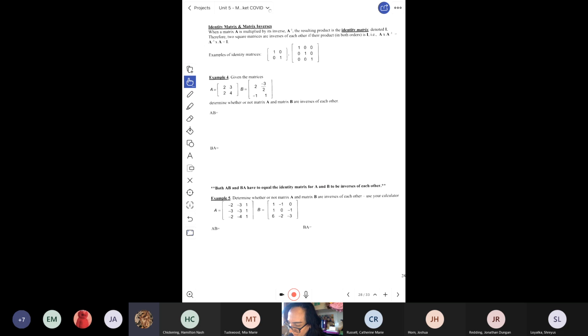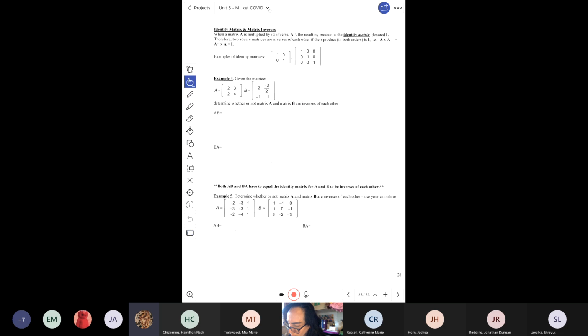Now, some special properties of inverses. Some beautiful things about inverses. Well, let's first recall what the identity matrix was, the multiplicative identity matrix. It's just ones, and remember this is the identity matrix for a 2 by 2. This is the identity matrix for a 3 by 3. I can just write a single subscript since these are square.